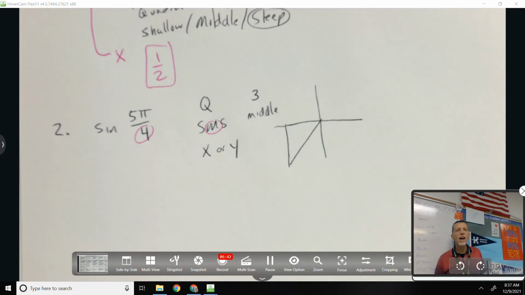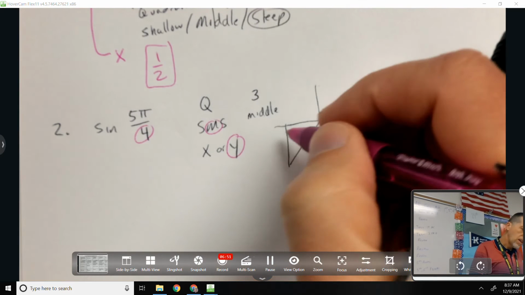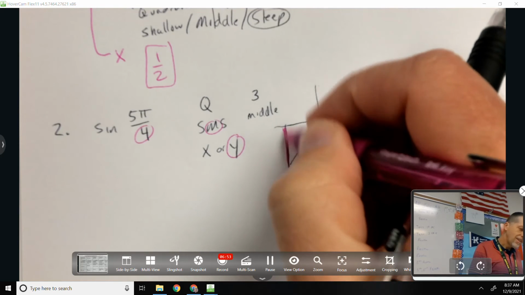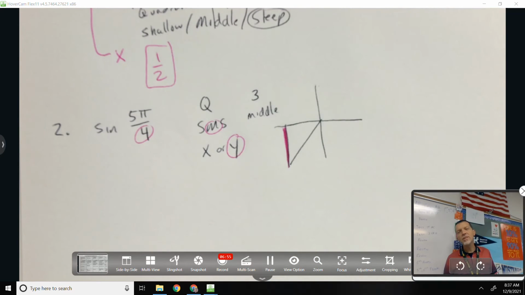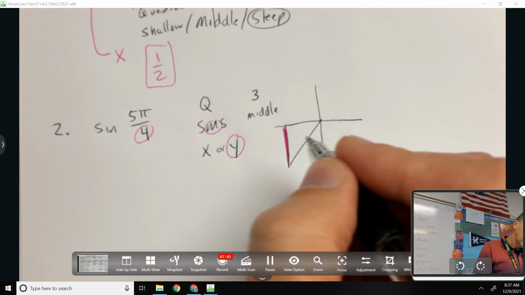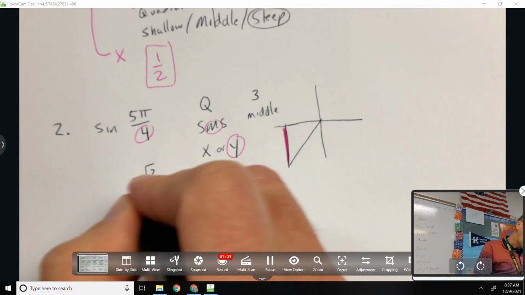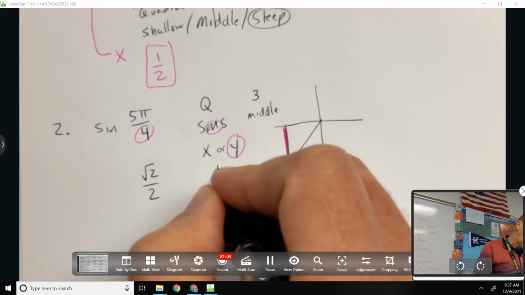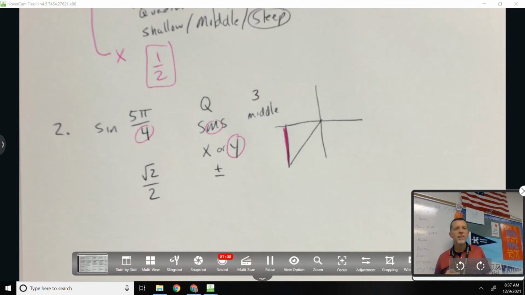And then sine. Which coordinate tells me sine? The y. Is that a short side, a middle side, or a long side? Middle side. And how long are middle sides? Root 2 over 2. And then, is it positive or negative? Negative.